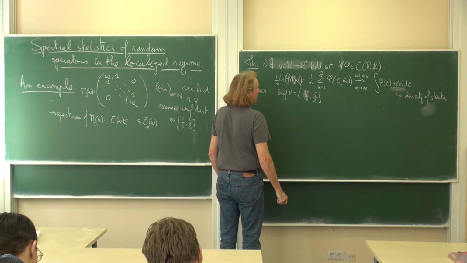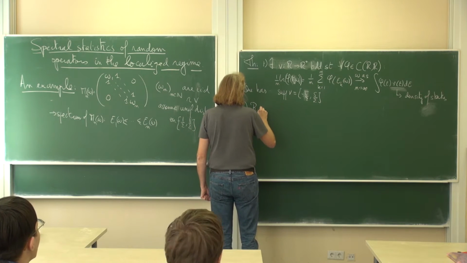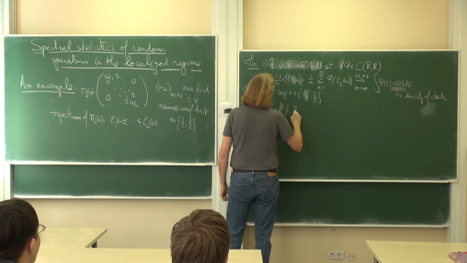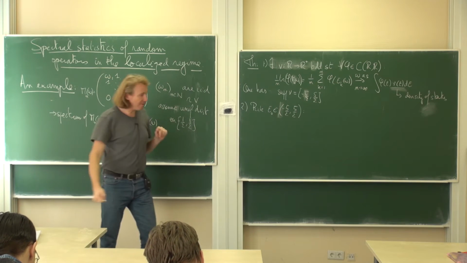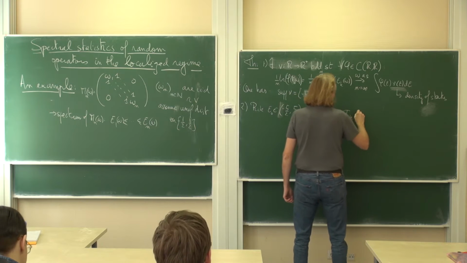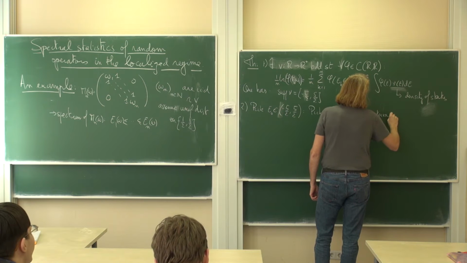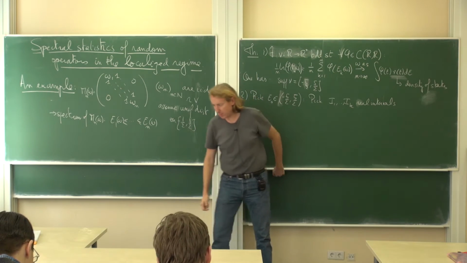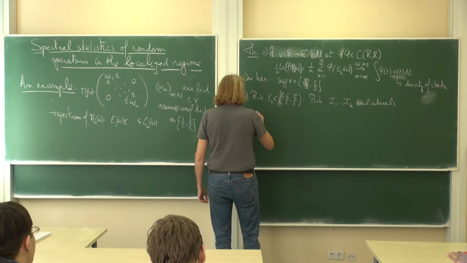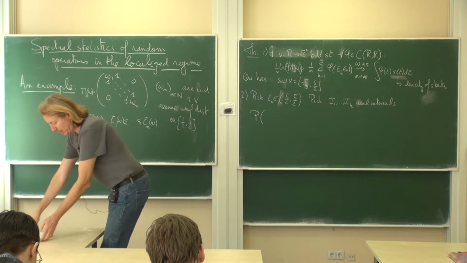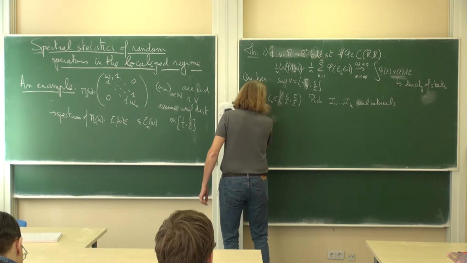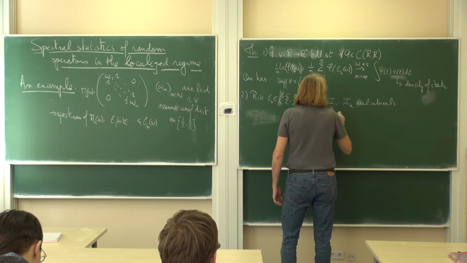The second thing I'm going to do is the following. Pick E0 inside the support of nu. Then pick I1 to Ik, real intervals, intervals of the real line, and also pick integers m1 to mk.